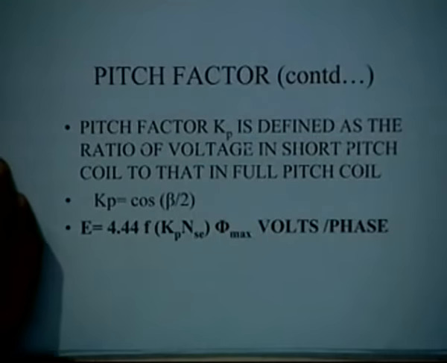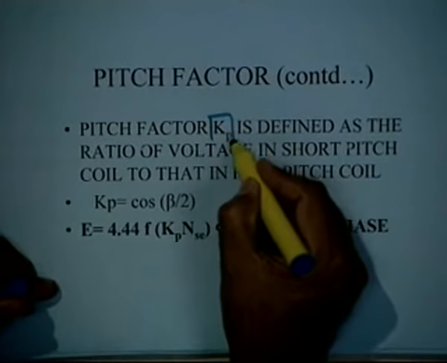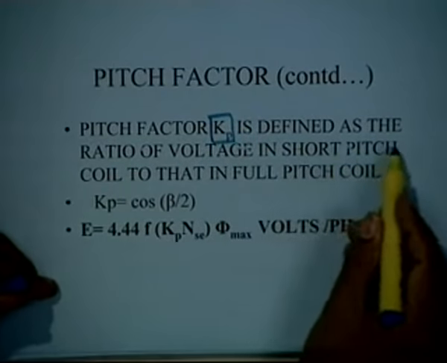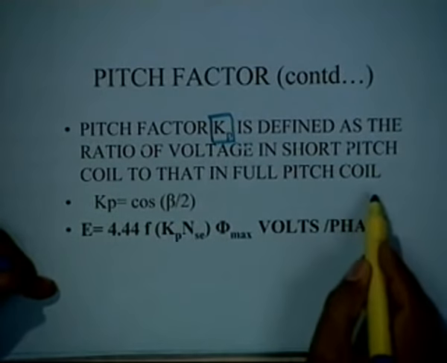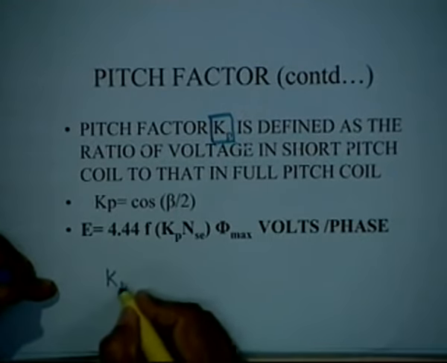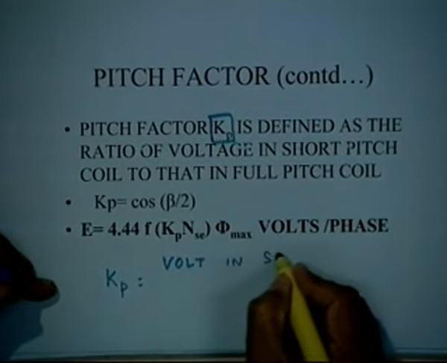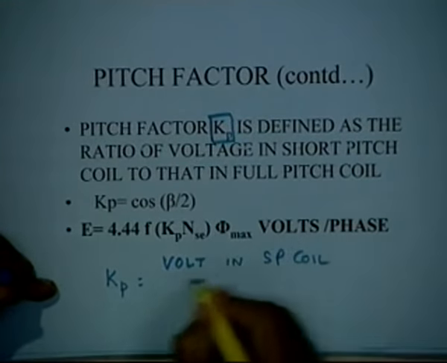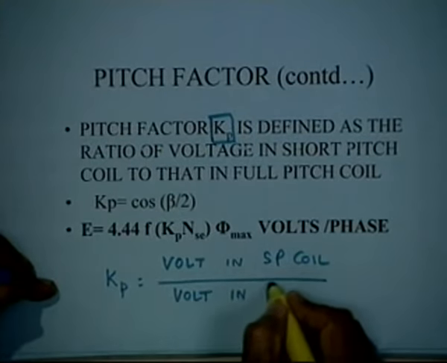So, pitch factor we define as Kp, defined as the ratio of voltage in a short pitch coil to that in a full pitch coil, right. So, Kp is voltage in short pitch coil over voltage in full pitch coil.